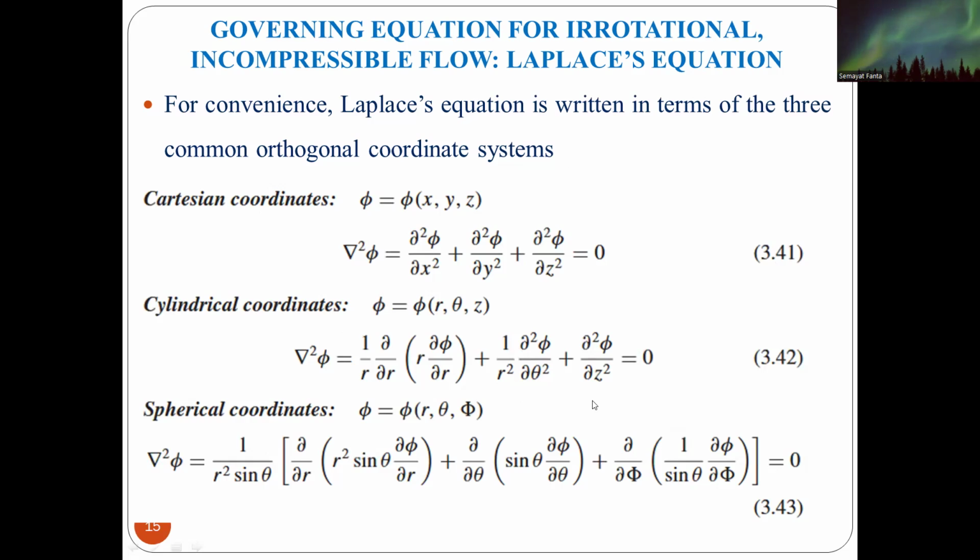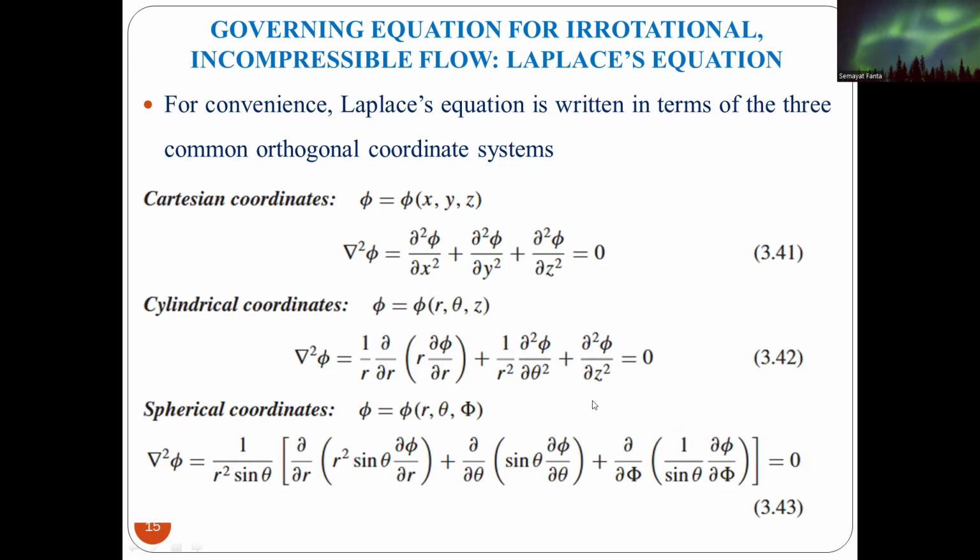In Cartesian coordinates, phi is defined as phi of x, y, z in three dimensions. The Laplace form of phi, which consists of partial derivatives, gives us 0.